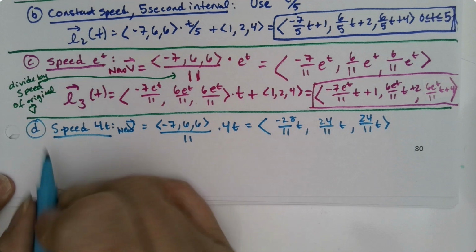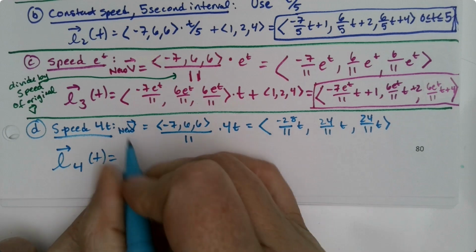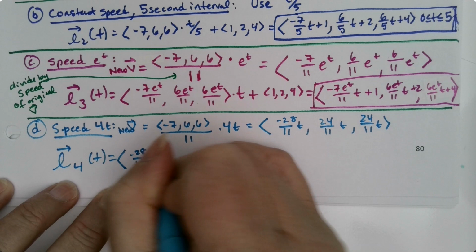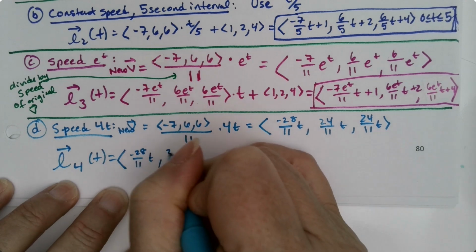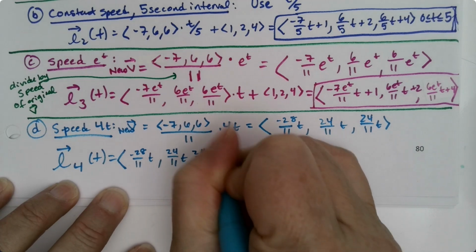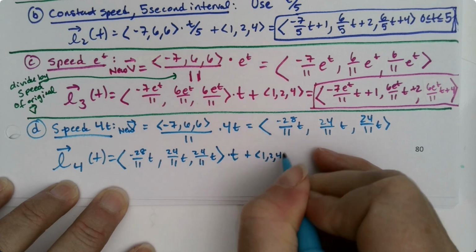Okay, so then L4 of t would be equal to negative 28 over 11 t, 24 over 11 t, 24 over 11 t, and then you multiply it by t, and you add the point, just like we always did.